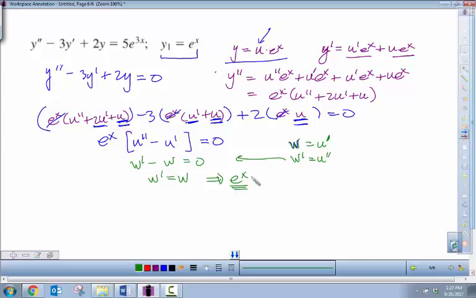W equals e to the x. And so we need U, right? So this is U prime. So that means that U is also equal to e to the x. We'll save the constants for later.